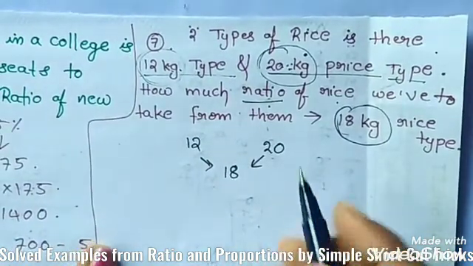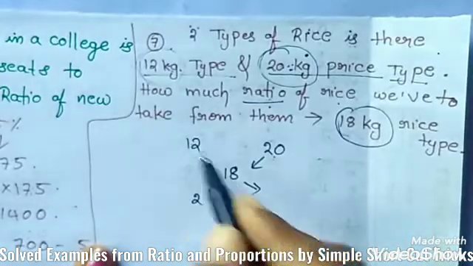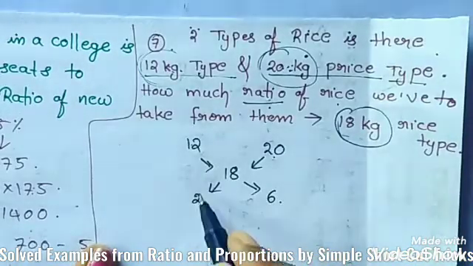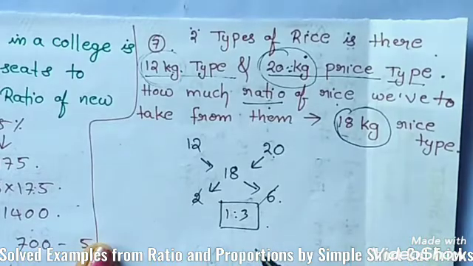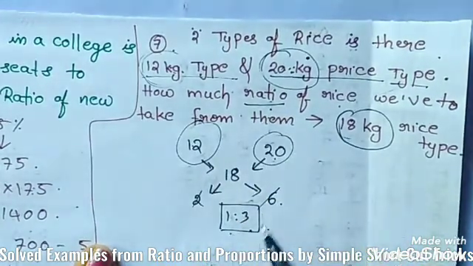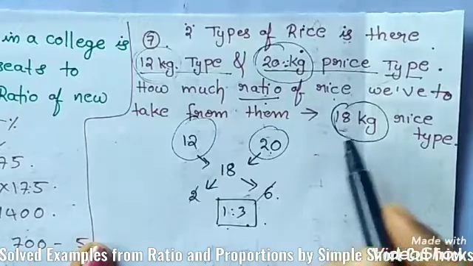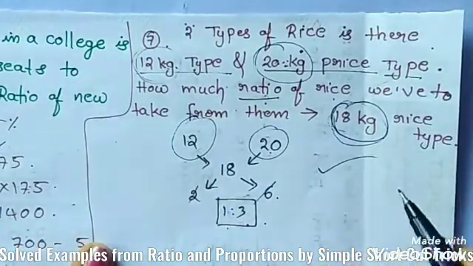So simply if you subtract 20 minus 18, that is 2, 18 minus 12, 6. If you simplify, 1:3. This is the simple ratio. So from these two containers, if you collect rice in 1:3 ratio, you will finally get the kilo 18 rupees type. This is the answer. Right.